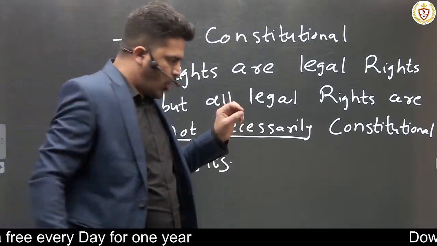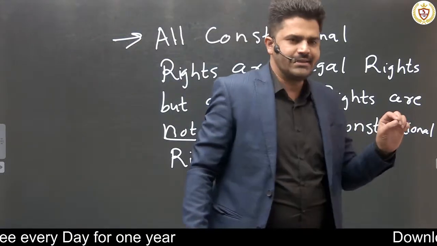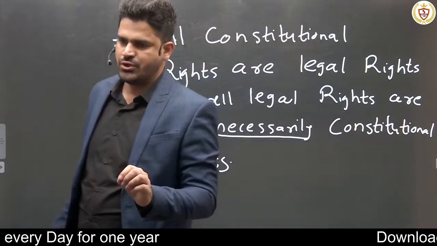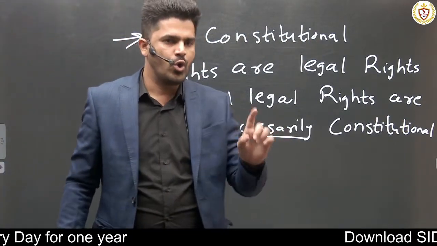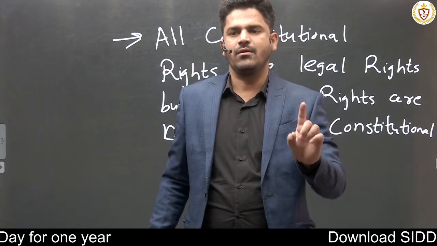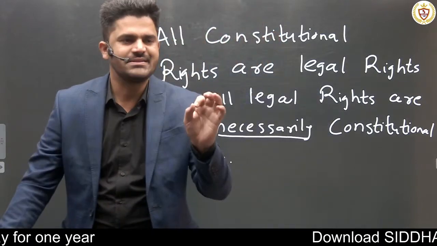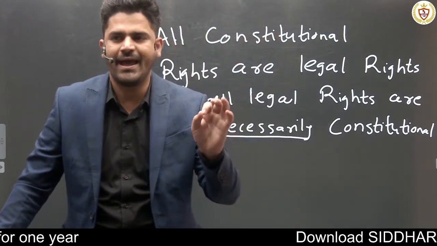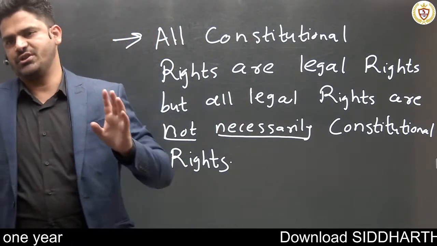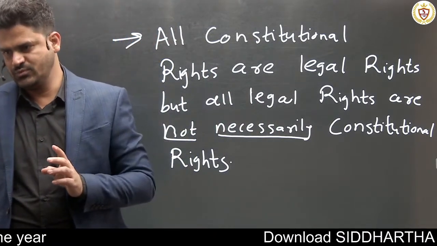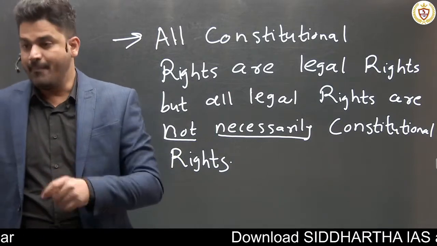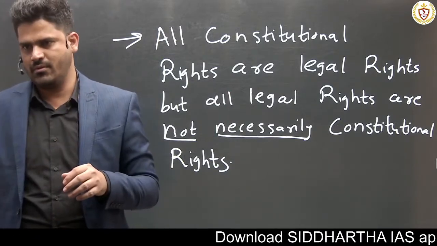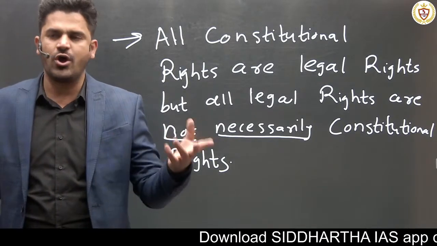Now, constitutional rights can be abridged, they can be curtailed, or they can be taken away by the Parliament only by passing Constitutional Amendment Act under Article 368. So Parliament can take away, curtail, or limit the constitutional rights of the citizens.